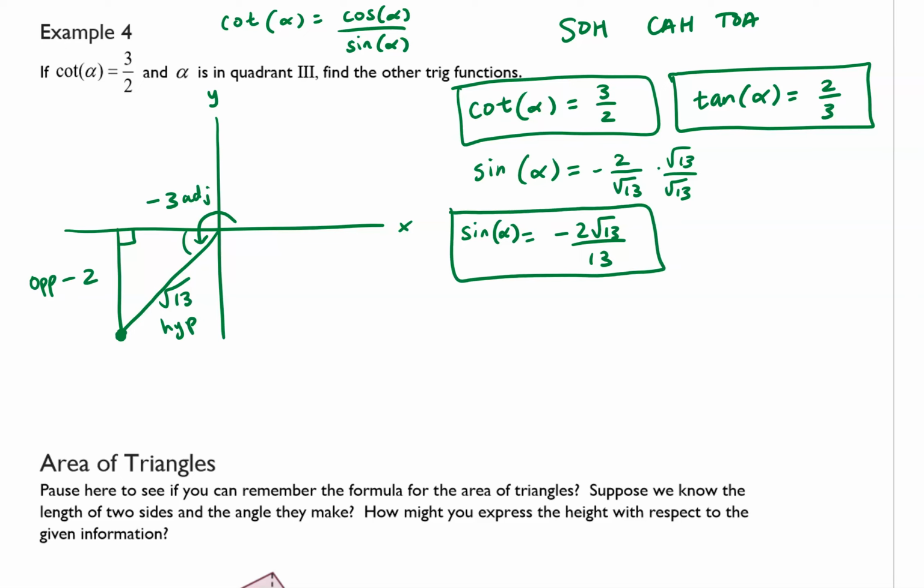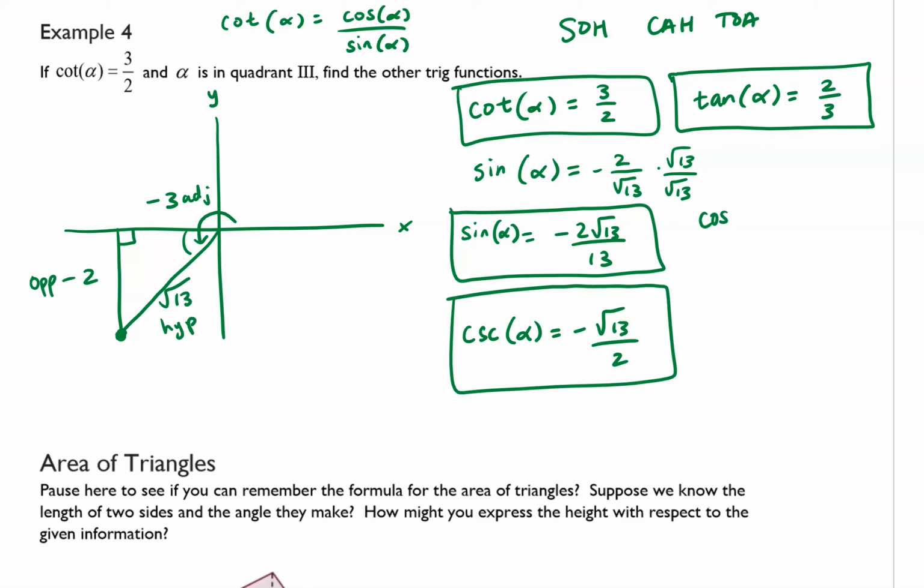Okay, if we have sine of alpha, using the reciprocal identity, we can get cosecant of alpha by taking the reciprocal. And what's nice is earlier I had it in this form, and I can just swap the numerator and the denominator in that thing I just highlighted, and we find that cosecant is equal to negative square root of 13 over 2. And then cosine of alpha is going to equal adjacent over hypotenuse, which will be -3 over the square root of 13.